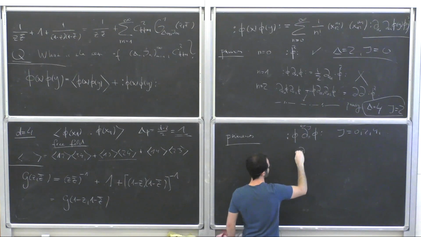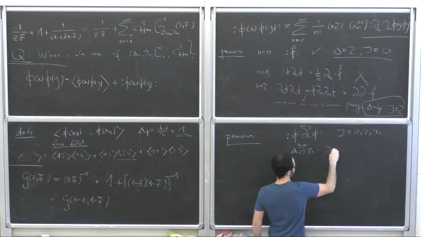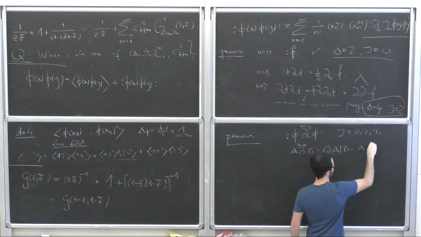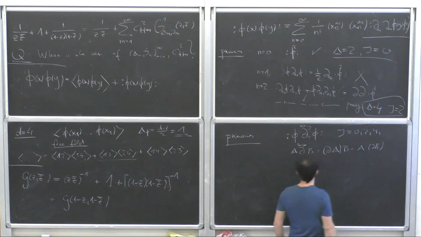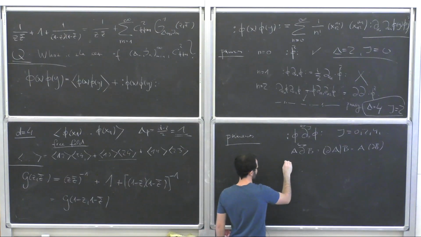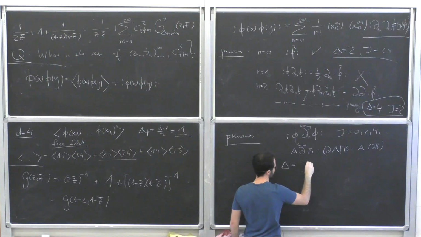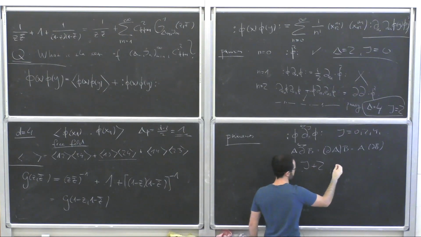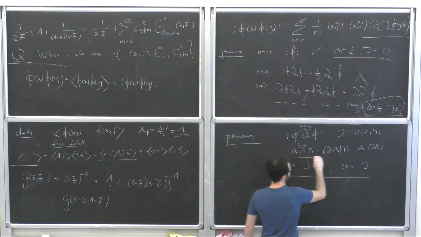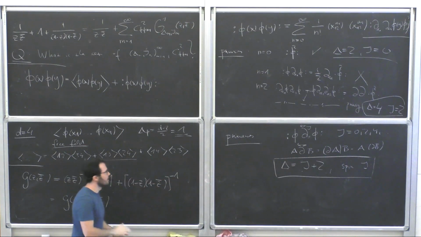So this notation is supposed to be delta AB minus a delta B. Okay? And this primary has dimension 2 plus j and spin j. So there are indeed infinitely many of them.